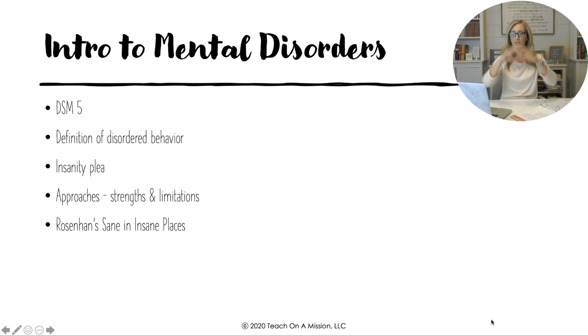All right, so in the intro to mental disorders, you want to make sure you remember the DSM, the Diagnostic and Statistical Manual of Mental Disorders, and the 5th edition is the most recent one. Make sure you remember the definition of disordered behavior. There's the 4 Ds and the U. Go over those, because that's the general guidelines of what makes a behavior disordered and not just slightly off or, quote, abnormal, even though that's really not the right term to use.